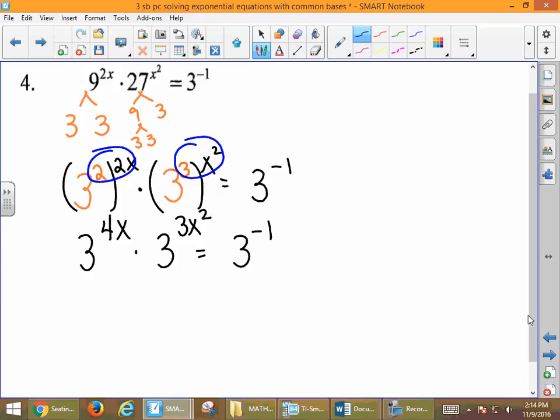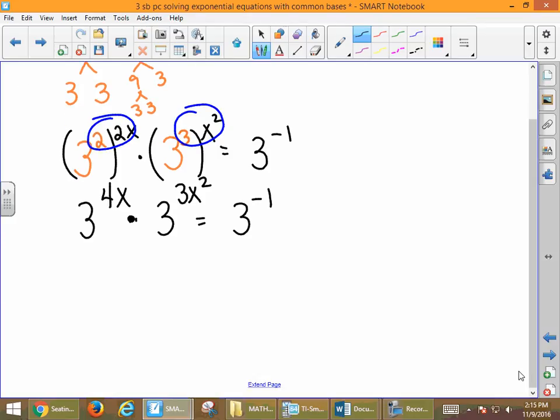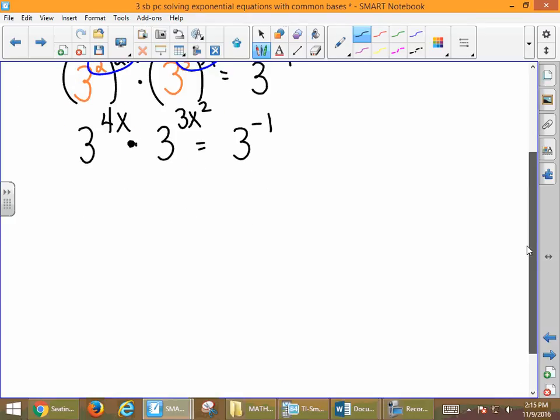Well, we have a multiplication process here on the left side of the equation. And when we multiply 2 terms that have the same base, what do we do to those exponents? We add. So this is going to be 3 to the 4x plus 3x squared.